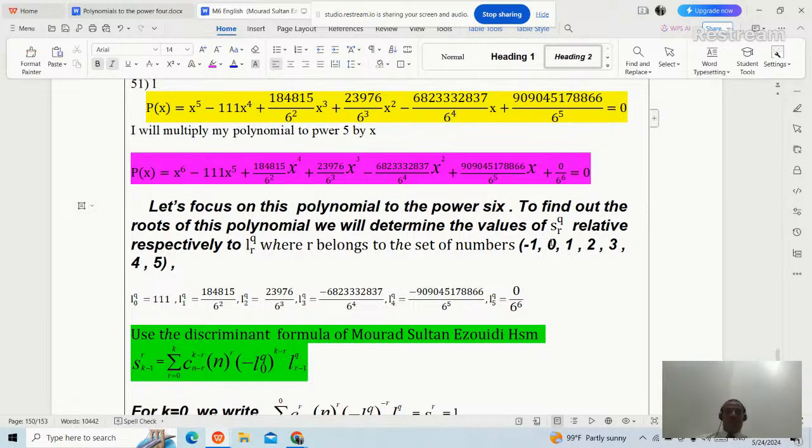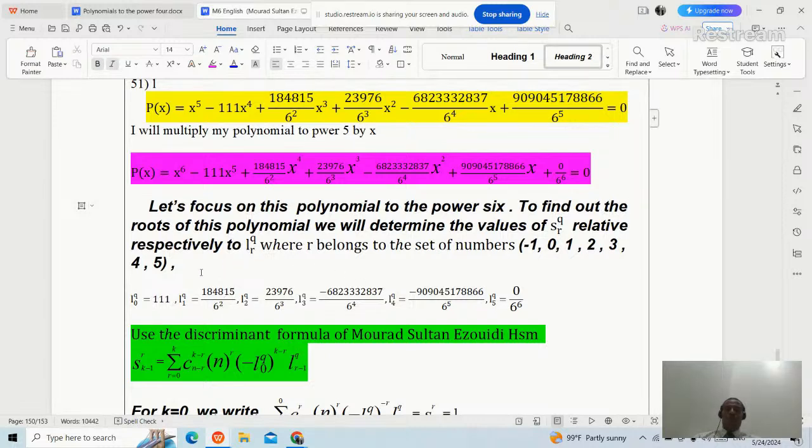We'll use a calculator here to find SR over the Q, relative to LR over the Q. LR here means when R is 0, it will be L0, which is 111. And L1 will be 184,815 over 6 squared, and so on.